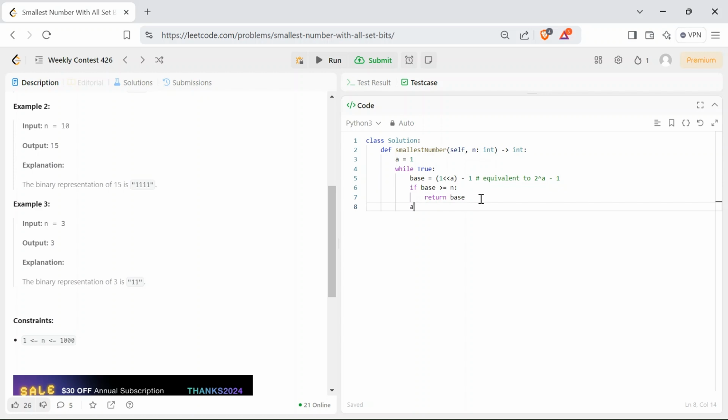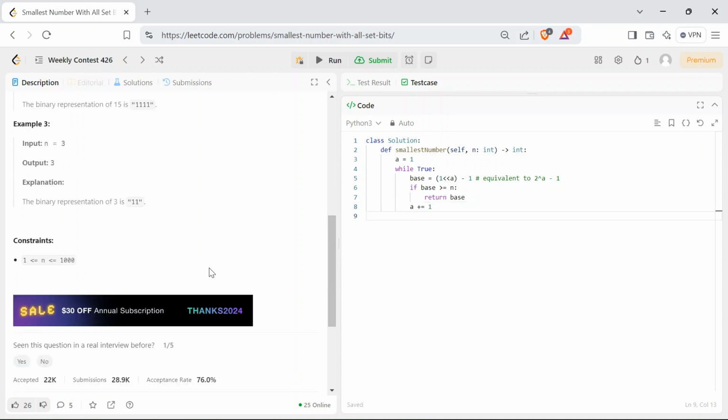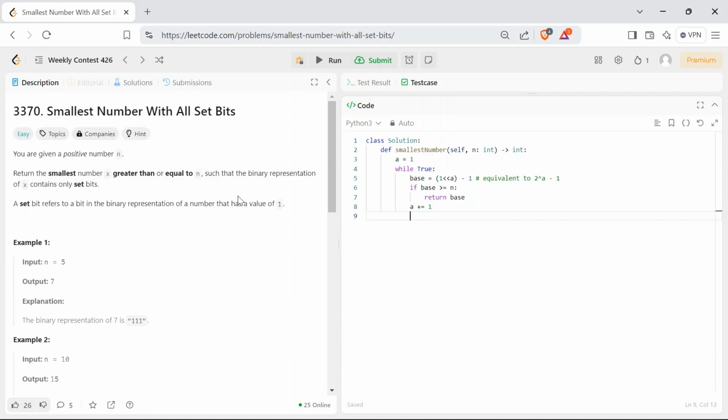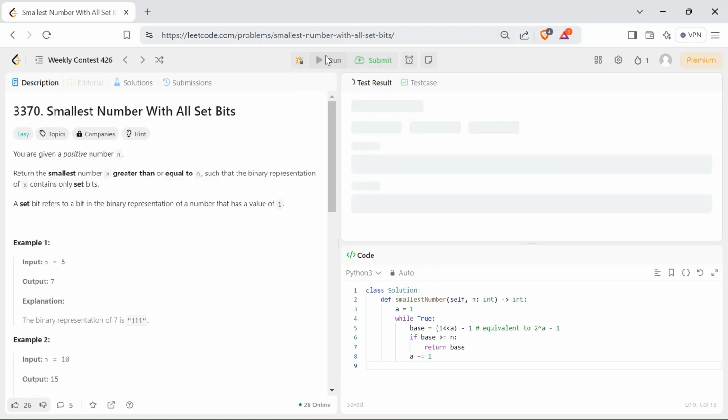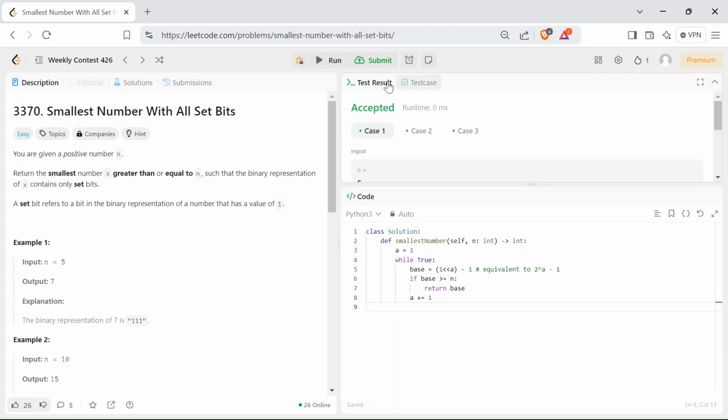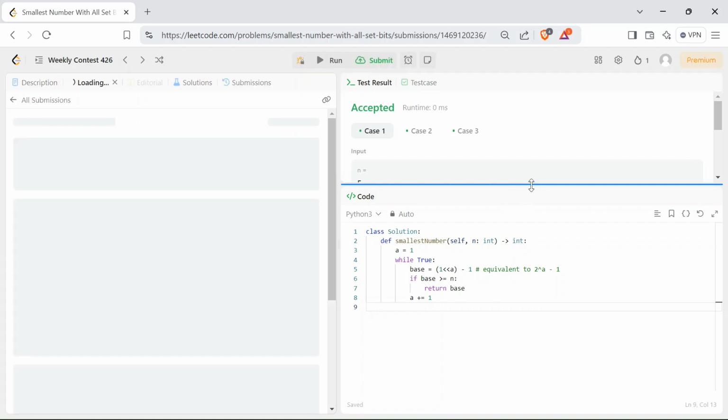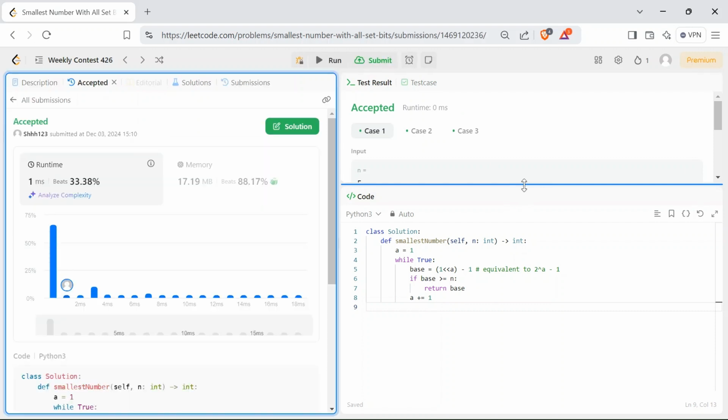If not, I would just increment a by 1. So this would do. Let's check if it's passing all the given test cases. It is.